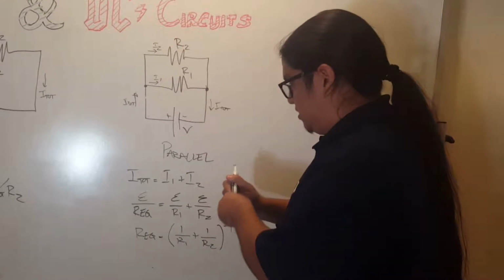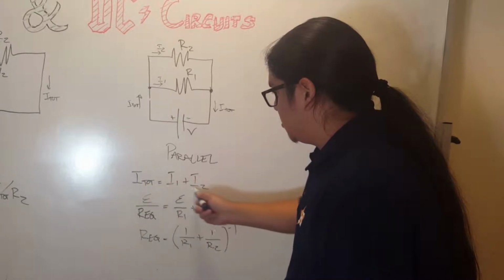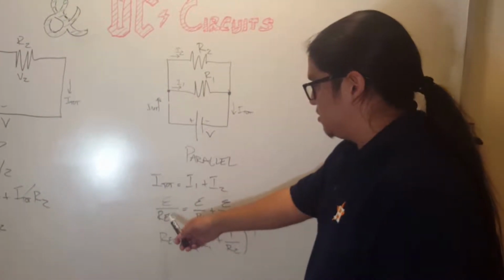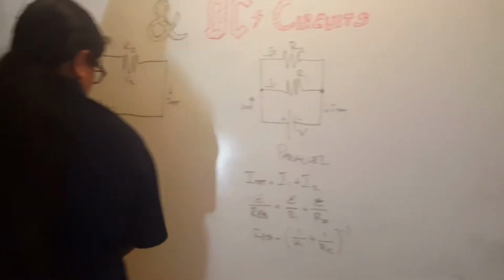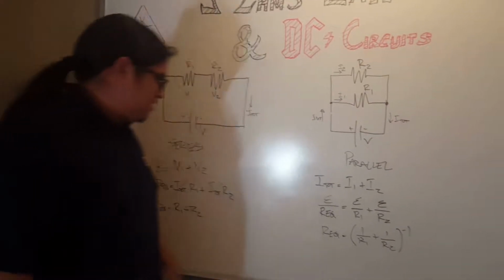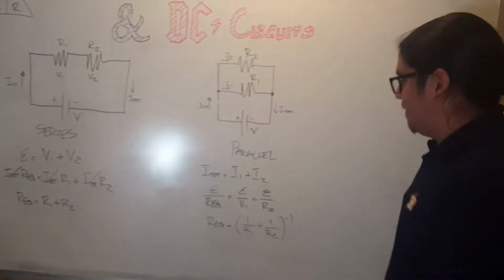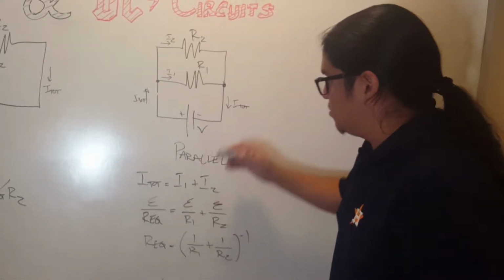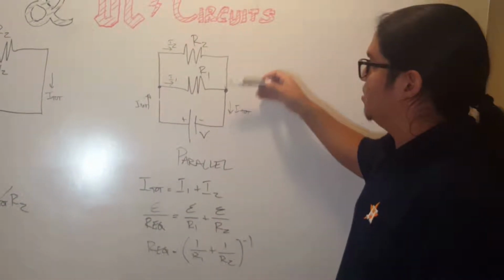Now, you can replace your current in the equation here with the voltage over the resistance. We'll go back to the triangle. Voltage over resistance. And our equation will look like this. Now, as we said before, the voltage will be the same in each branch.